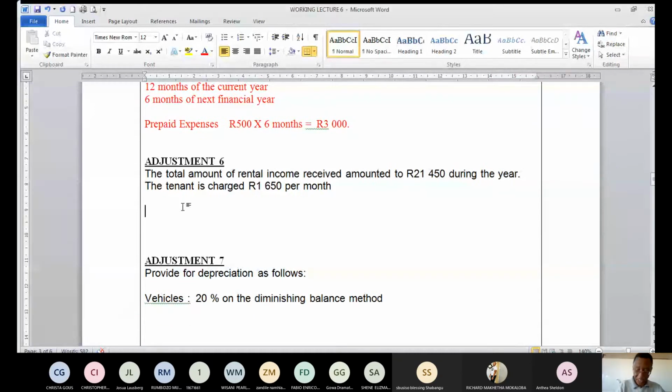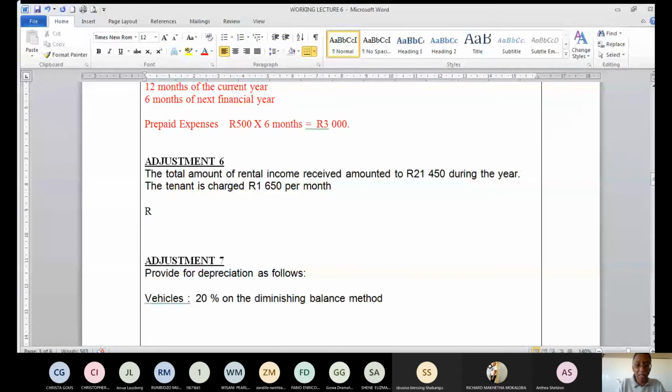Adjustment number 6. In adjustment number 6, they tell you that the total amount of rental income received during the year amounted to 21,450. And the tenant is charged 1,650 per month. So how do we deal with this calculation?